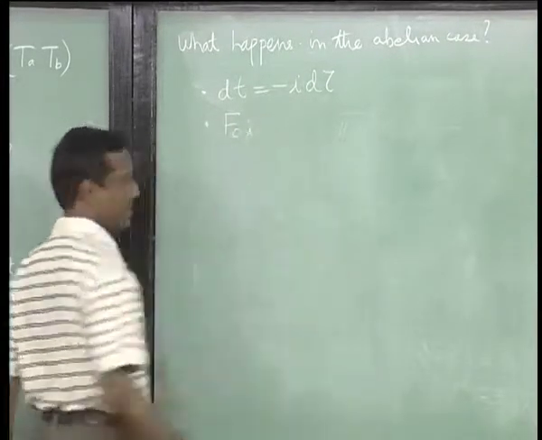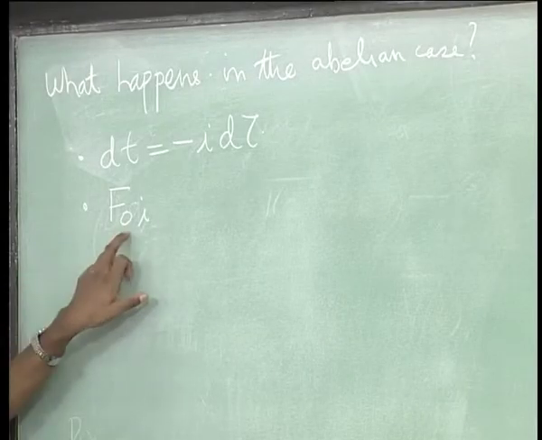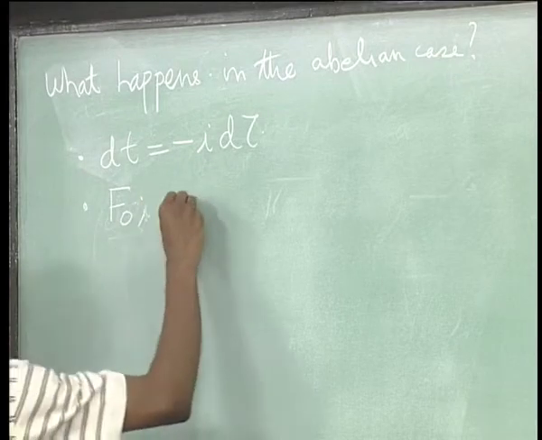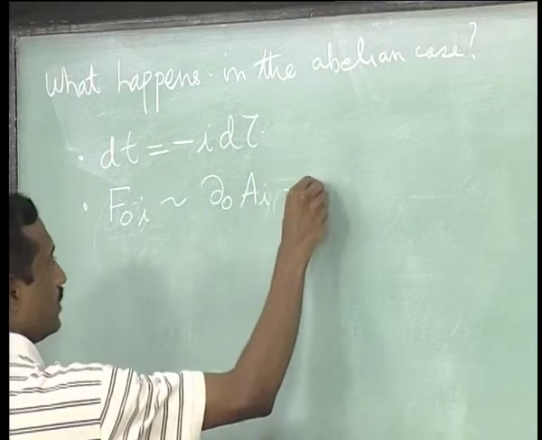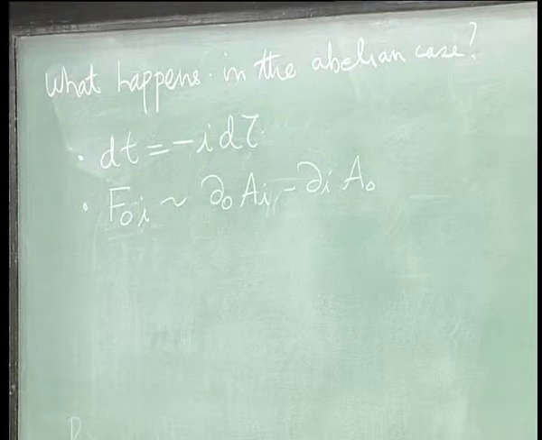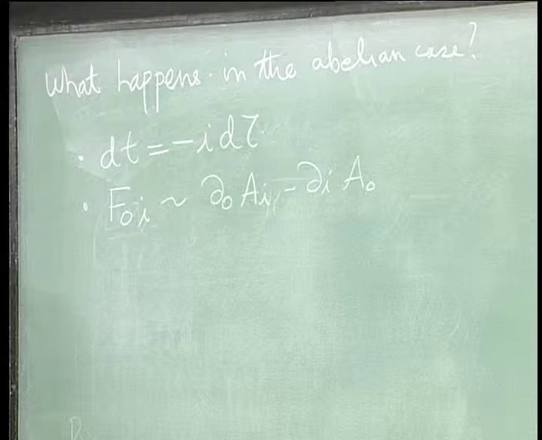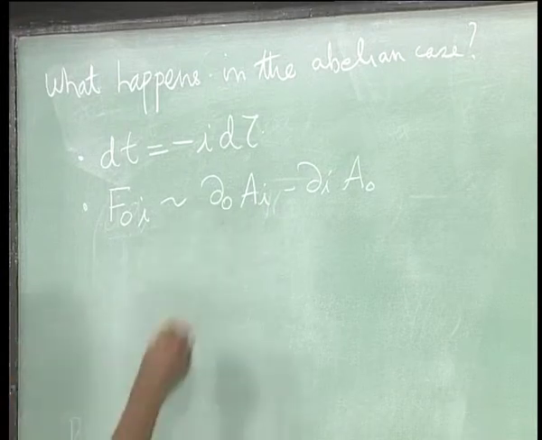There is f0 I, which is the electric field, and so that has a derivative. So f0 I is d0 ai minus di a0. Okay. So what we need to do is to make these two go the same way. So a0 also should be taken to... okay. One way of understanding it, a0 comes with the wrong kinetic energy, so you need to flip that guy around, okay.